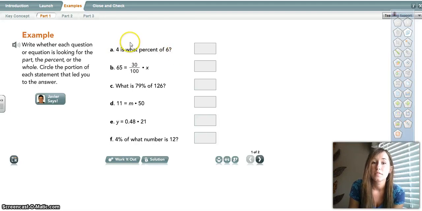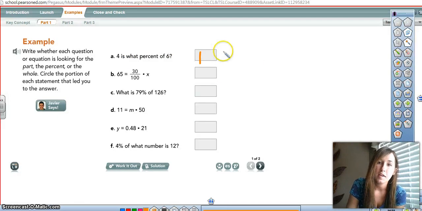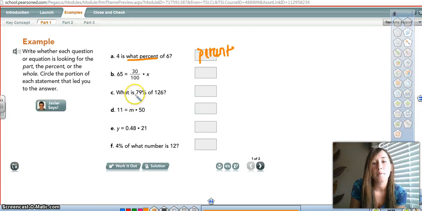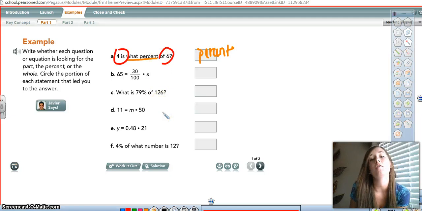The part, the percent, or the whole? Hopefully you realize it's asking for the percent, as it says what percent. What would be our part and what would be our whole in this problem? Look for those key words. 4 would be our part. 6 would be our whole, because they're found by the words is and then also of.